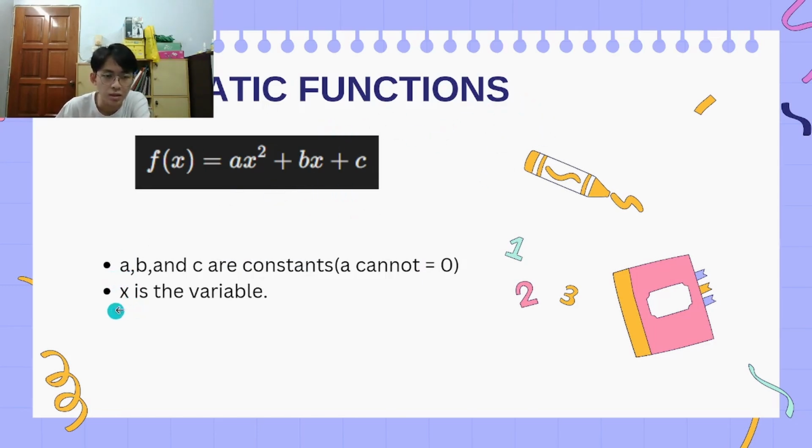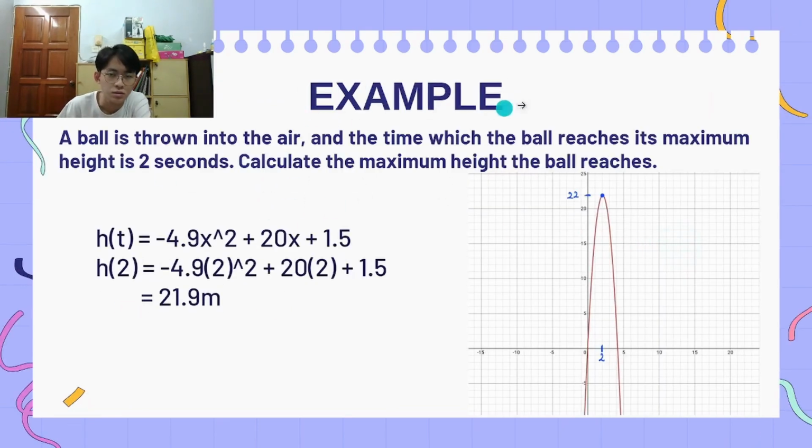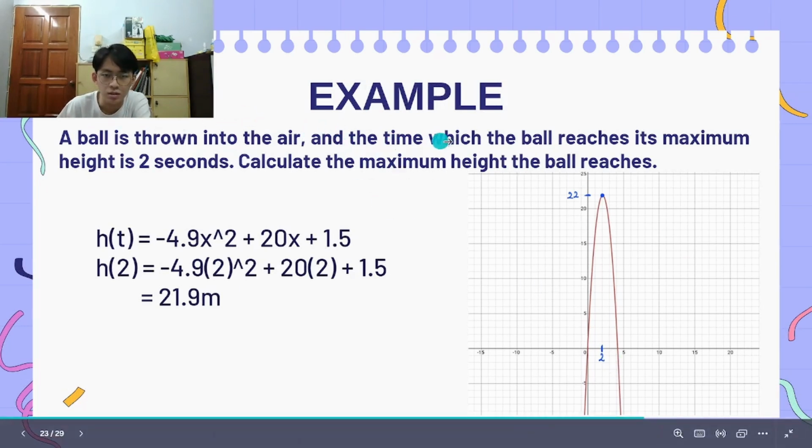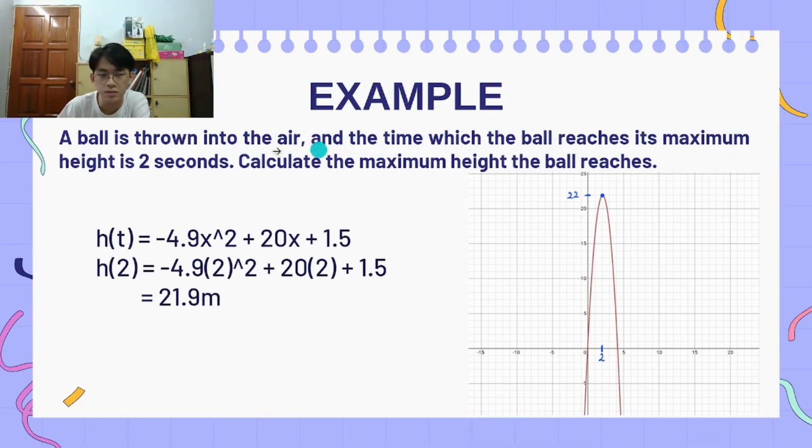And the last is x is the variable. So for the example, a ball is thrown into the air, and the time at which the ball reaches its maximum height is 2 seconds. Calculate the maximum height the ball reaches.